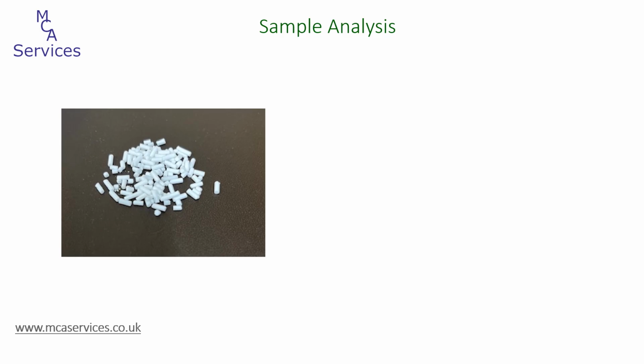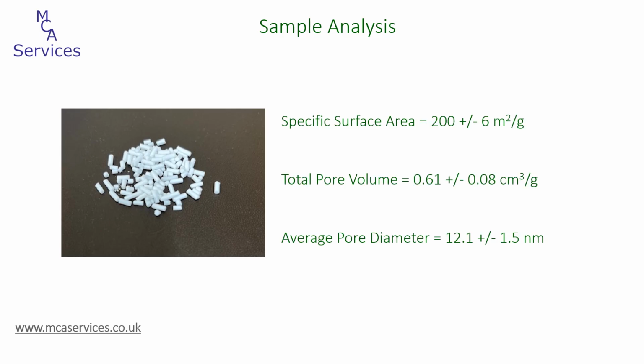This is a silica alumina, and the great benefit of using a standard is that it comes with instructions as to how exactly to analyse it, and also tells us how to select relevant data, and it gives us the answers we should be getting. For this material, the standard values are for specific surface area, total pore volume, and average pore diameter.